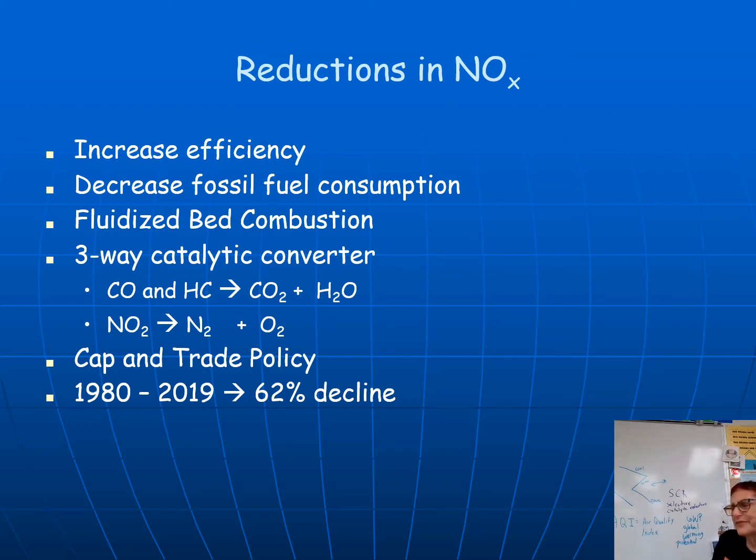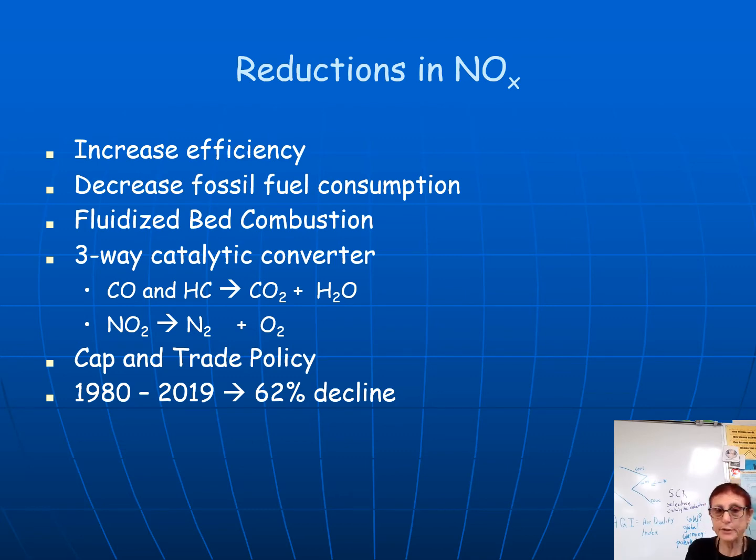And it involves injecting ammonia in the reaction, but the net result is instead of putting NOx out of your stacks, you're putting out nitrogen, molecular nitrogen, and molecular oxygen.